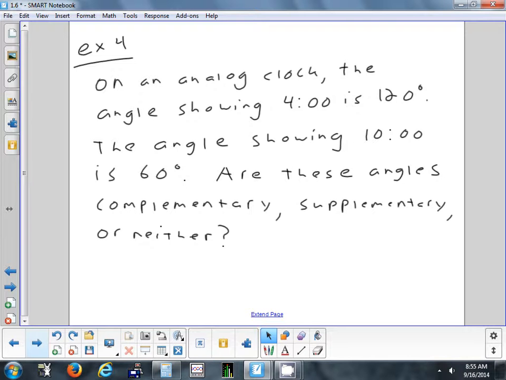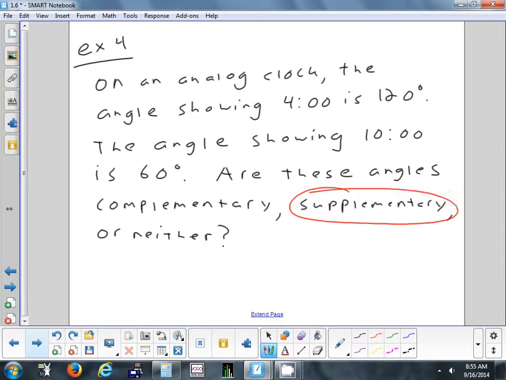Are these two angles complementary to each other, supplementary, or neither? What do we think? Owen? They're supplementary? Yeah, they are. How come? Because 120 degrees from the 4 o'clock and the 60 degrees from the 10 o'clock, 120 and 60 equals 180. Yep, they add up to 180.